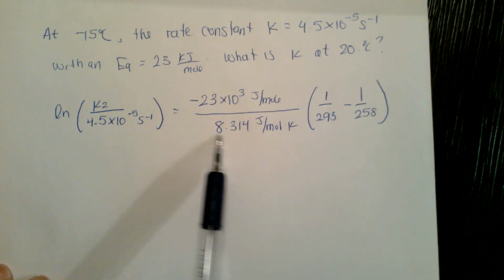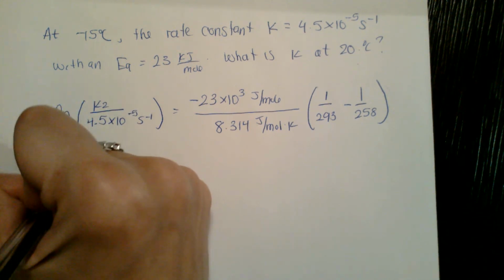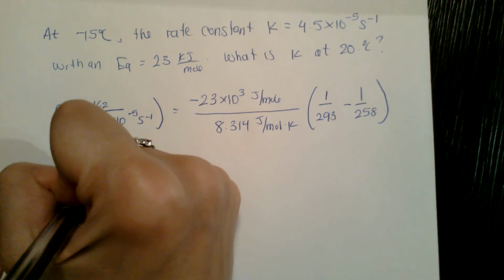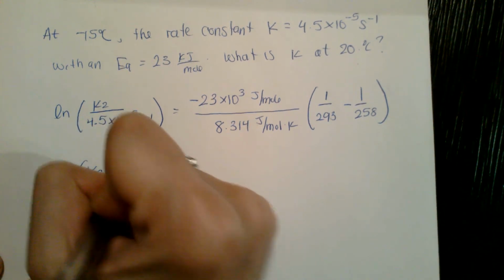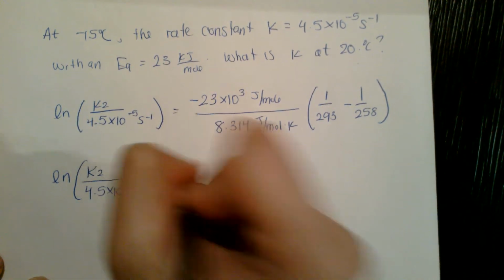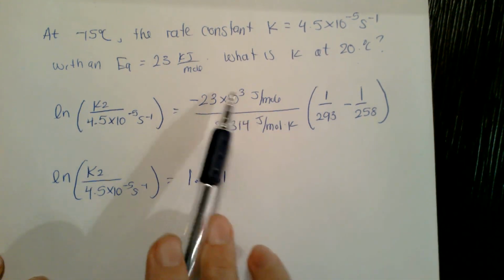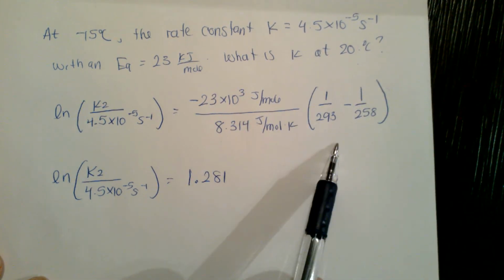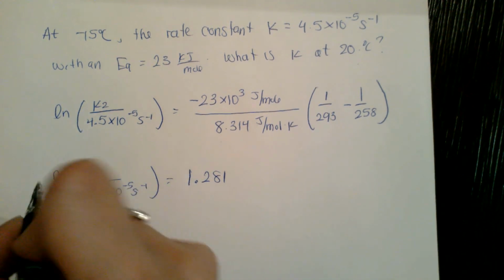So I'm going to condense all of this down. We have the natural log of K2 over 4.5 times 10 to the minus 5 seconds minus 1 equals 1.281, if I take this divided by this, multiplied by the difference of that. So now we want to take the anti-natural log.